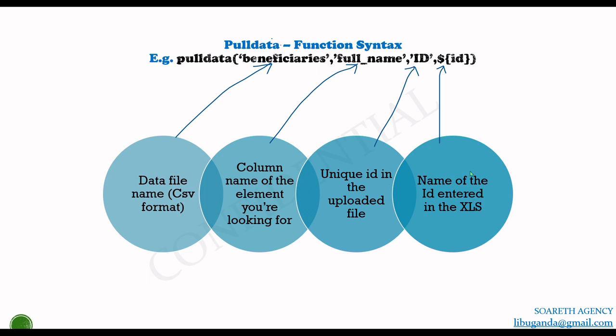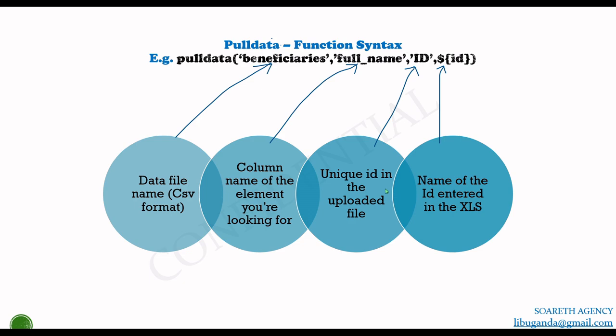So you enter a unique ID, the system will go to the database, look for that unique ID, and pick out whatever is in the corresponding column you have indicated in the Pulldata function syntax. It is super easy.